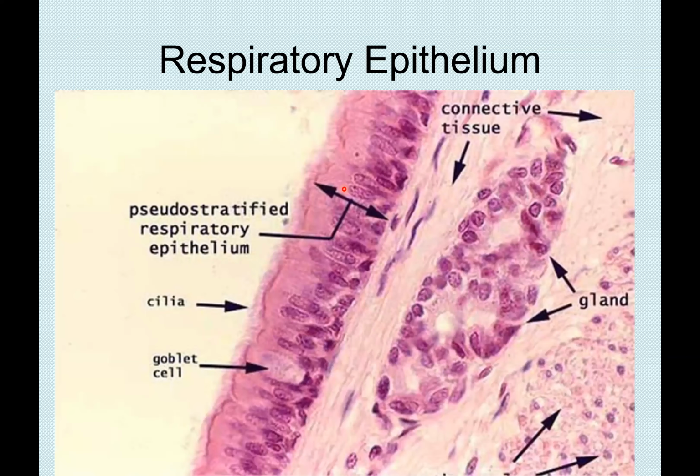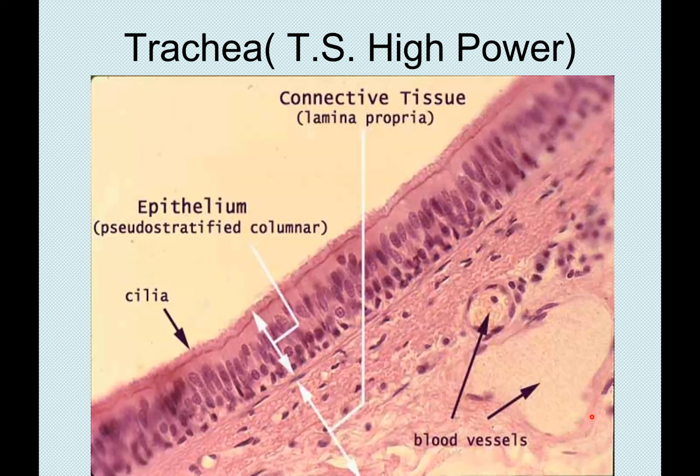It's just to show more of the epithelium. So this is your first connective tissue, which is your lamina propria. These are your seromucous glands. What you are seeing here are the cartilaginous cells.